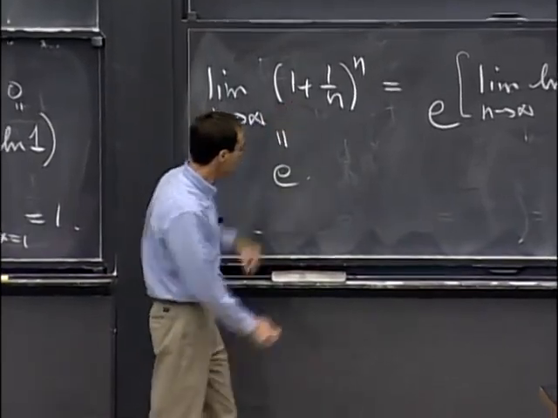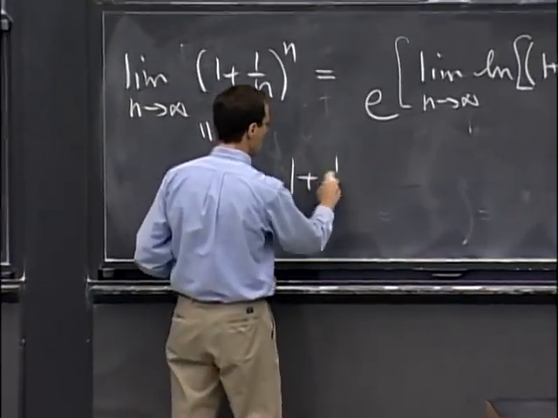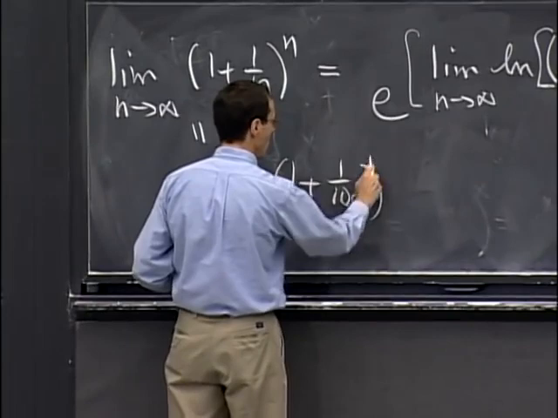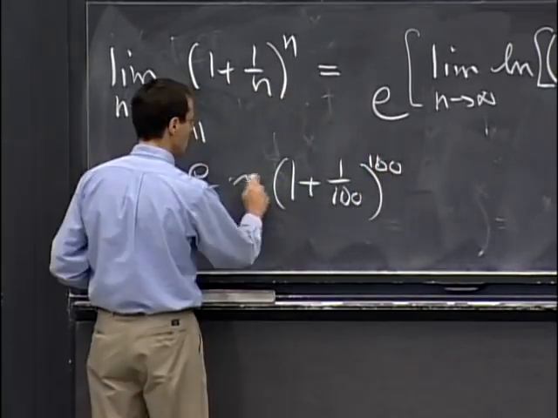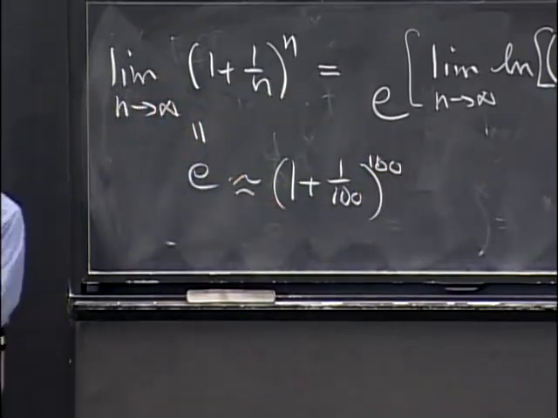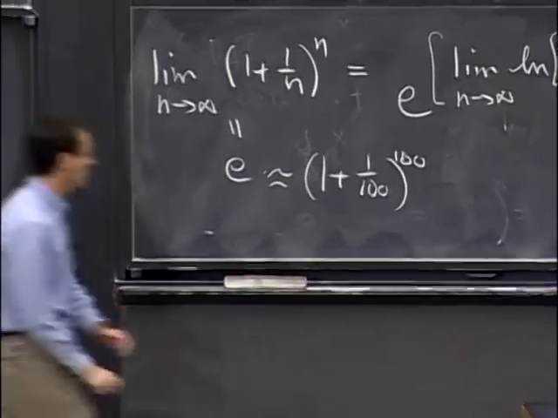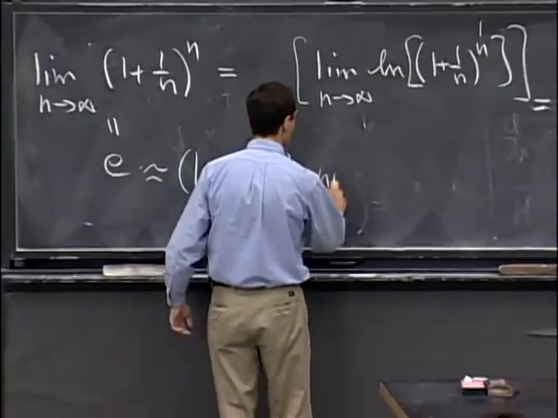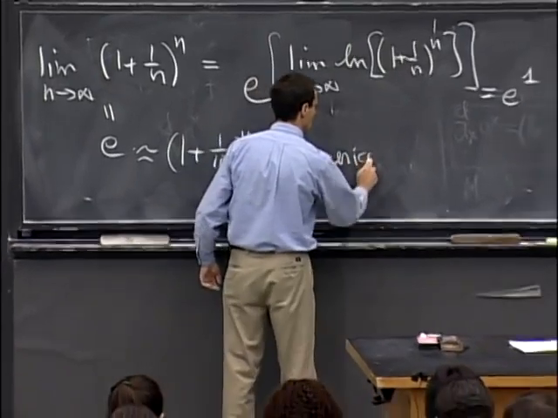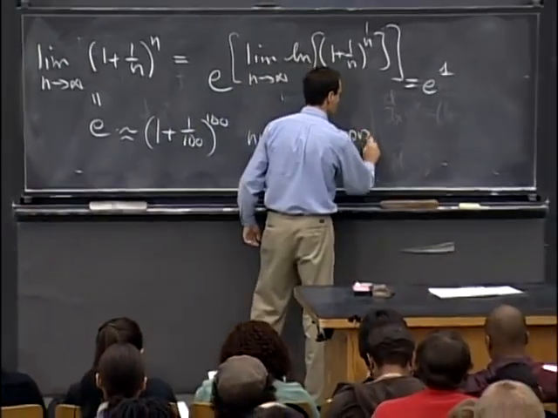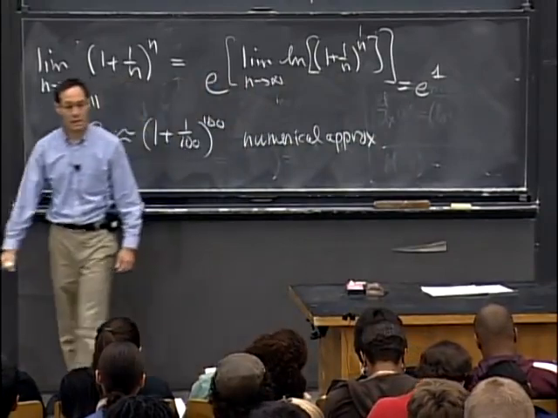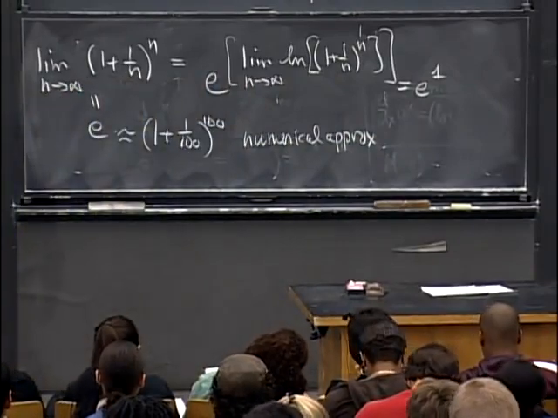And this is telling us, if you take, for example, (1 + 1/100) to the 100th power, that's going to be a perfectly decent approximation to e. So this is a numerical approximation, which is all we can ever do with this kind of irrational number.